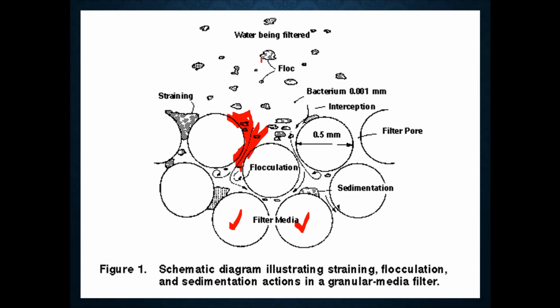And mechanical straining means what? When the water is getting filtered, these are the flocs or impurities which have come from the previous process. The previous process is the coagulation and flocculation process. Still the water is impure, and you can observe that such flocculated particles or impurities are present.